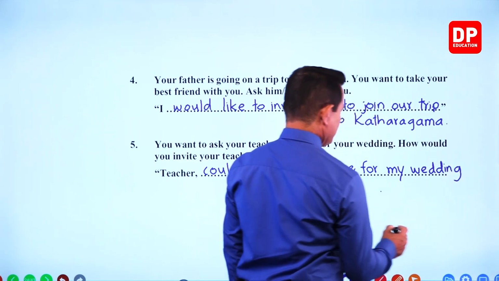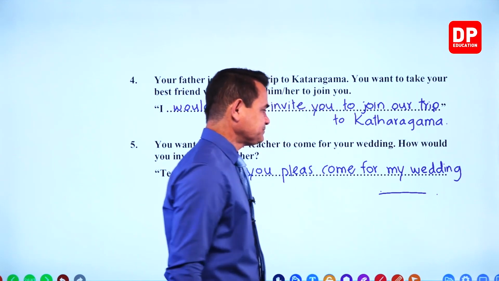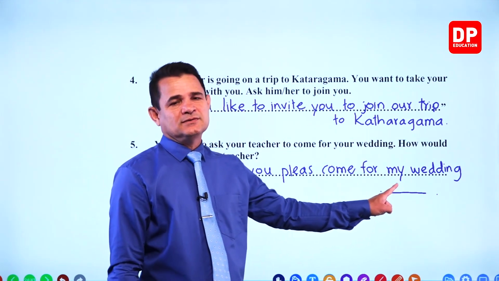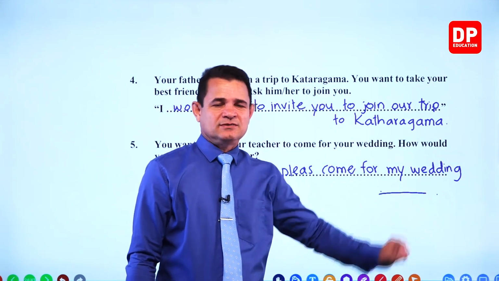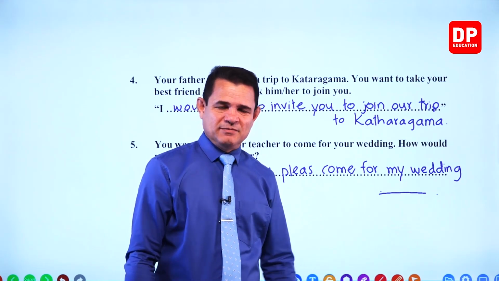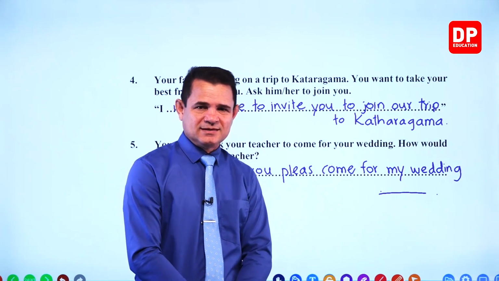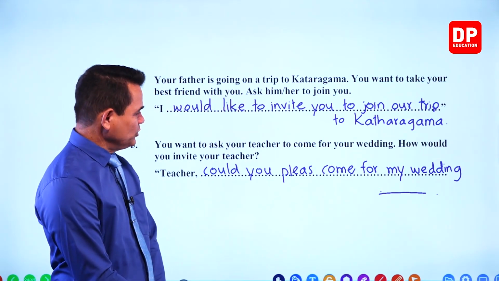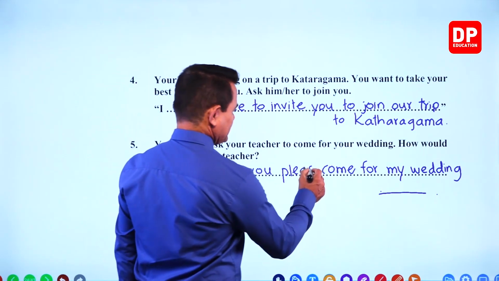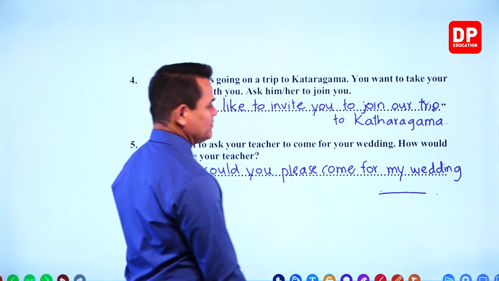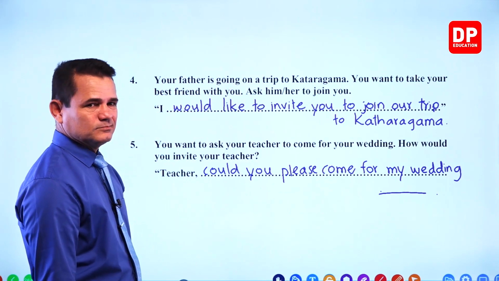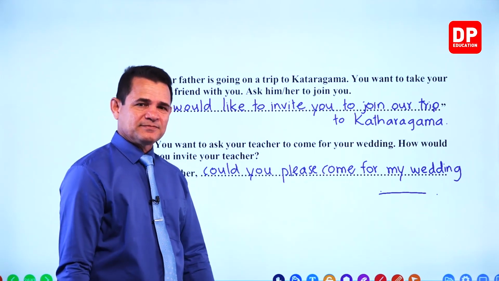My wedding, you can mention the date. දිනයක් කියන්න. My wedding on 26 January, මොකක් හරි දිනයක් කියනවා. Tell the date. Could you please come for my wedding? කියලා date එක.